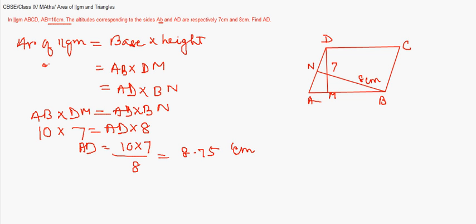Let's move on with another question. The question reads as, the diagonals of a parallelogram ABCD intersect at O. A line through O meets AB in X and CD in Y. What do we have to show?